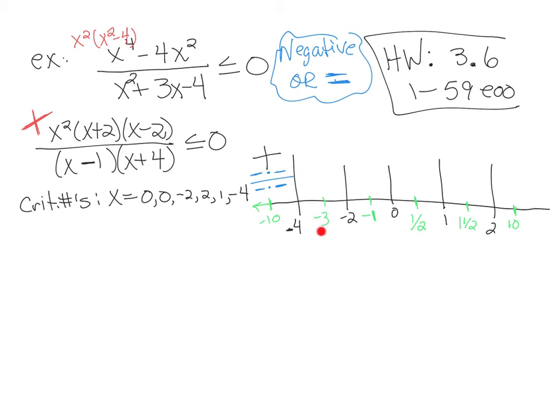Next test value, negative 3, plugged into each of those factors is going to give me negative 3 plus 2. Watch this. Negative 3 minus 2 all over negative 3 minus 1. Watch, negative 3 plus 4 becomes a positive. What happened? We had 4 minuses here, but notice that we passed through this critical value that made this 0 on the denominator.